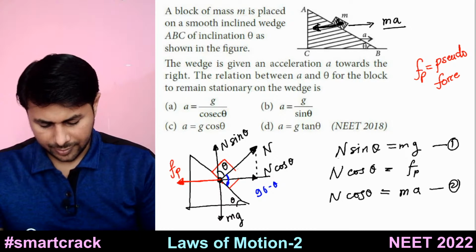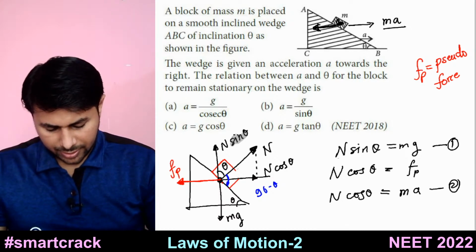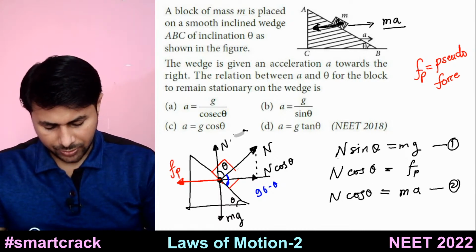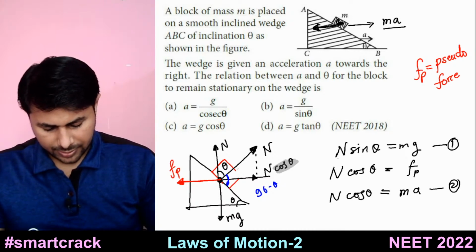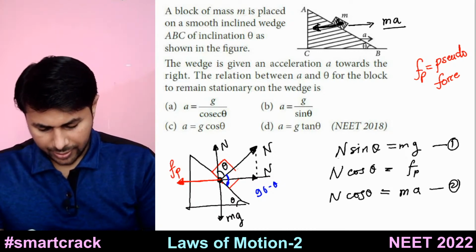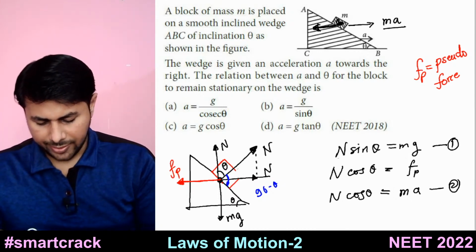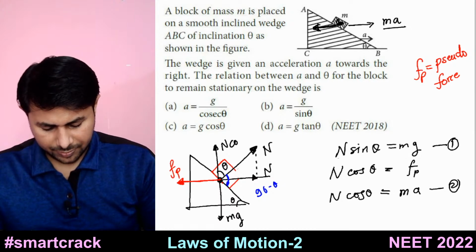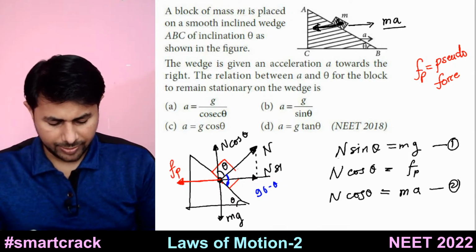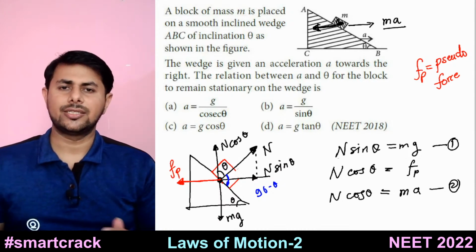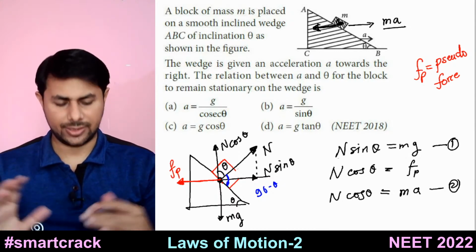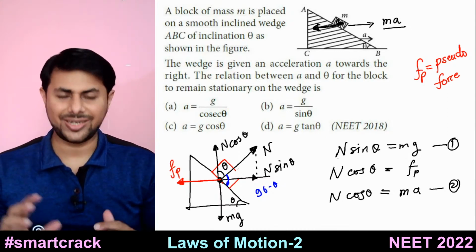And then we can resolve n in two components. So this component through the angle will be n cos theta and away from angle will be sin theta. So basically sin theta and cos theta will get changed. Okay, it gets reversed.